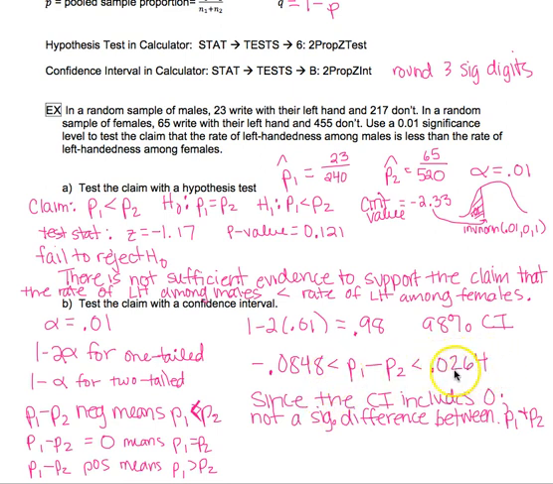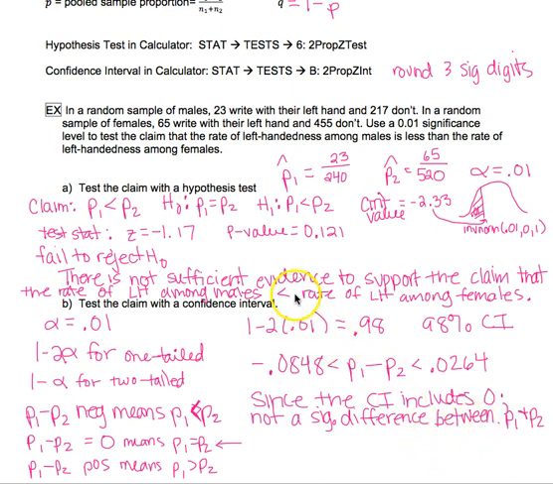Now, if both sides were negative, then our confidence interval would imply that P1 is less than P2. If both values are positive, that would lead us to conclude that P sub 1 is greater than P sub 2. So we're looking to see whether both boundaries are negative, both boundaries are positive, or if I have one of each. So in this case, because I have one of each, I'm falling in this middle value here where it's possible that P1 and P2 are the same. So if there's not a significant difference, they could be the same.